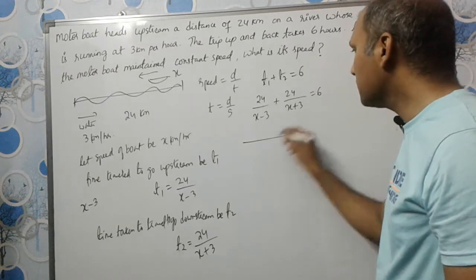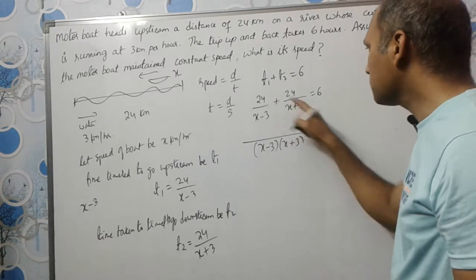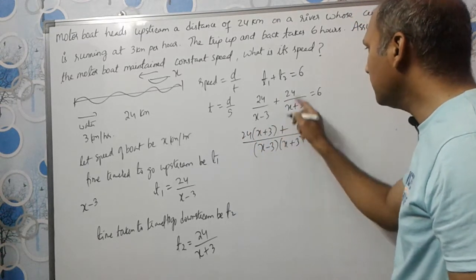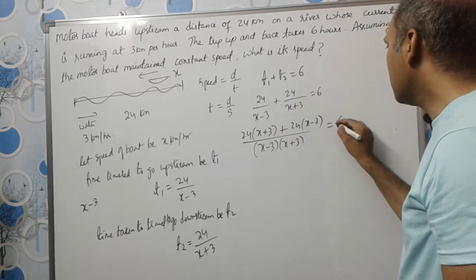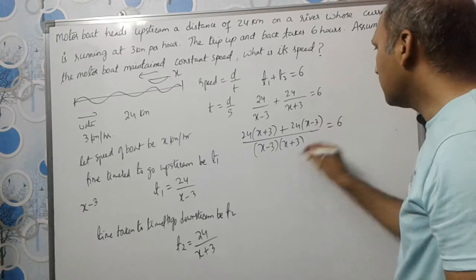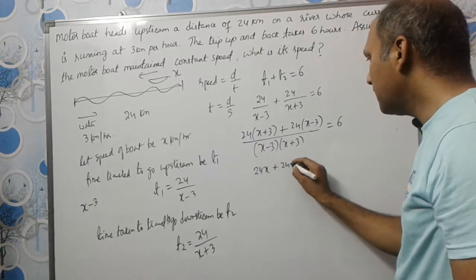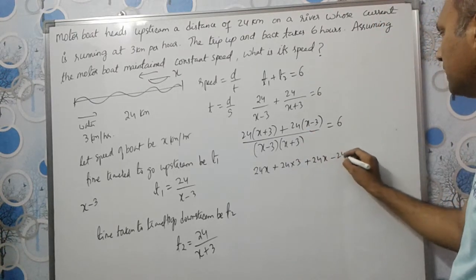Now see, denominators are different. So let us multiply the denominators and cross multiply these numbers. So this is 24 multiplied by x plus 3, 24 multiplied by x minus 3 is equal to 6. Okay. So this is 24x plus 24 multiplied by 3. I'm not multiplying that because they will get cancelled anyway.